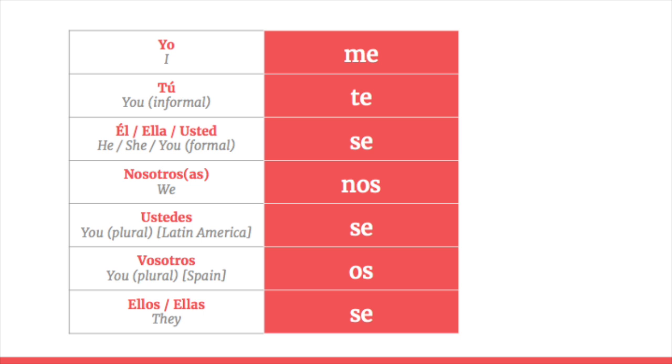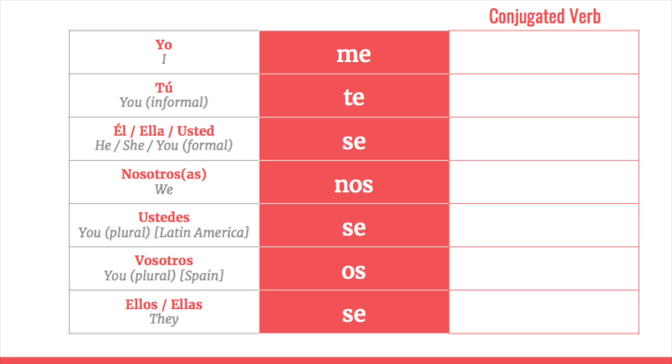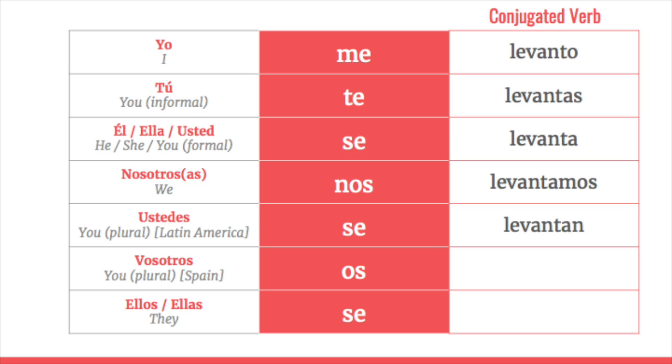The verb has to be conjugated as normal. For example, yo me levanto, tú te levantas, él, ella or usted se levanta, nosotros nos levantamos, ustedes se levantan, vosotros os levantáis, and ellos and ellas se levantan.